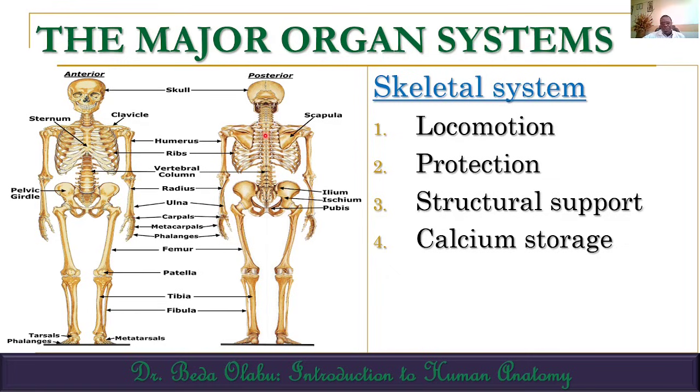Closely related to the skeletal system is another system that is very easy for you to forget, and I would be surprised if it didn't appear on your list, and that's the articular system. The articular system in particular refers to this system made up of joints.